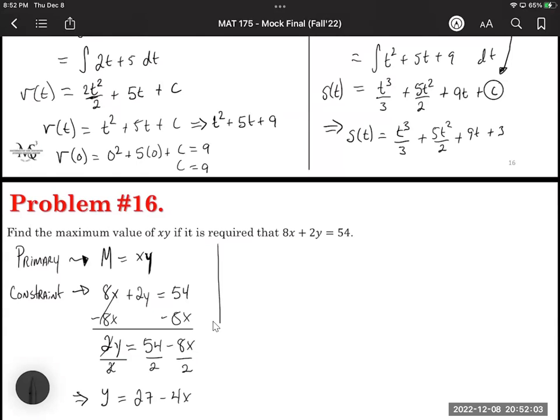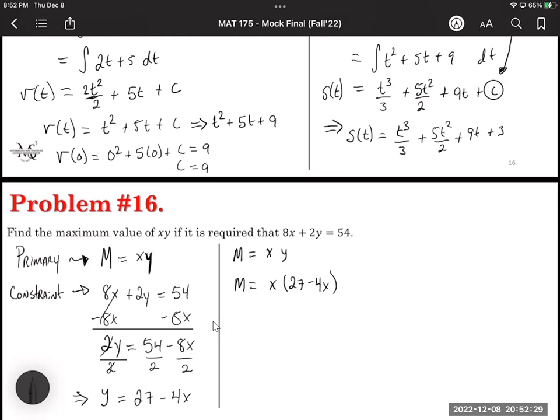All right, so we move on to the next step. After you have your constraint equation written as a single variable on one side, now you can make a substitution into your primary equation. Our primary equation was m equals x times y, but since y is 27 minus 4x, then this implies that m should be equal to x times 27 minus 4x.